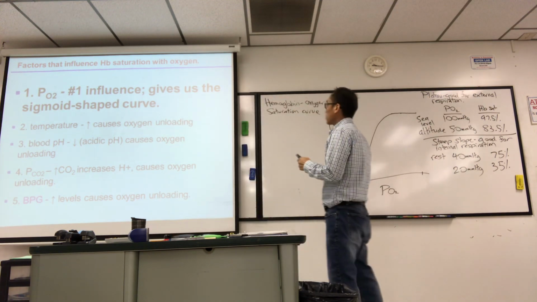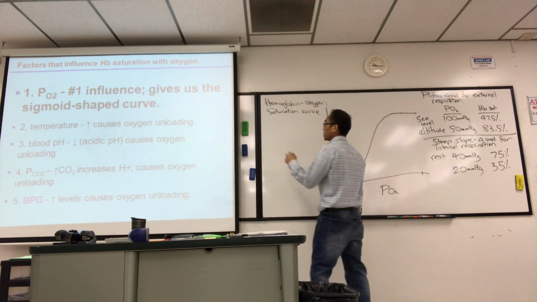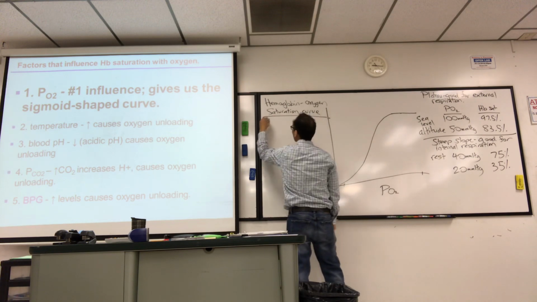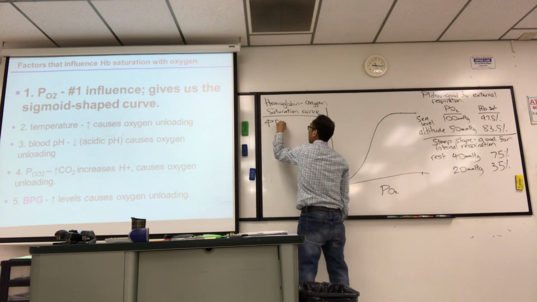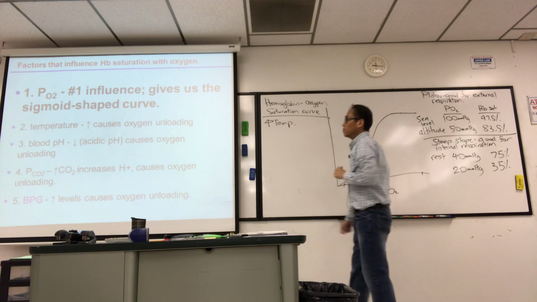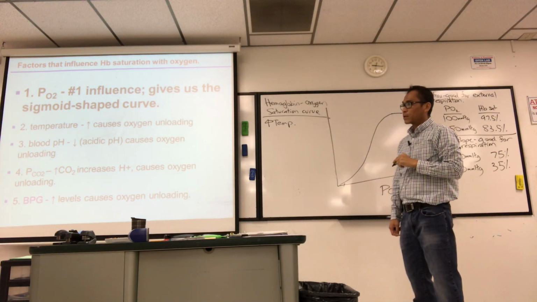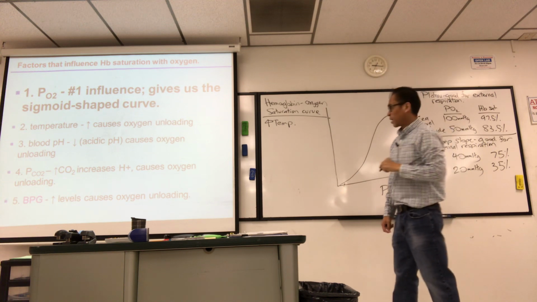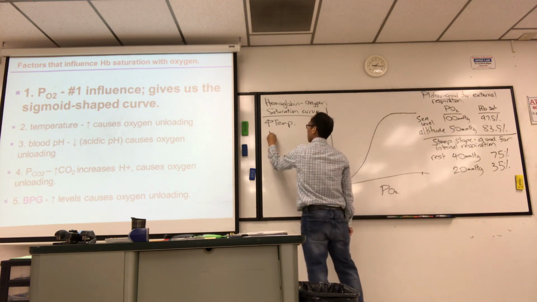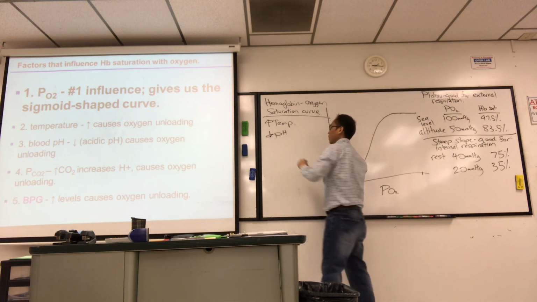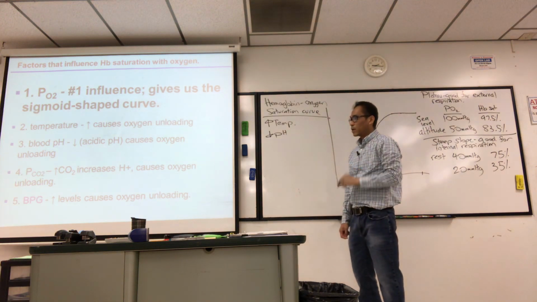Other influences include, let's say, an increase in temperature. That causes more oxygen unloading. When the blood becomes more acidic, that causes more oxygen unloading.